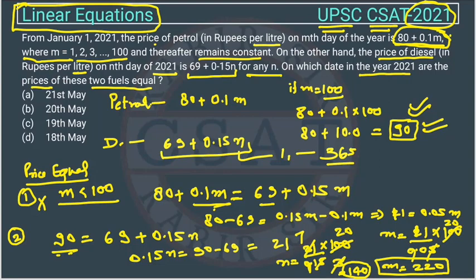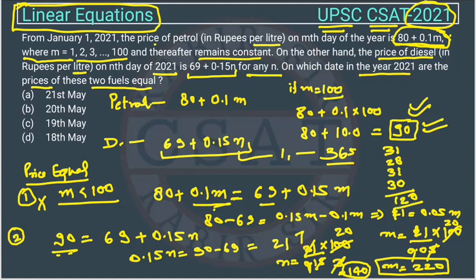So in January we have 31 days, in February we have 28 days, then in March 31, and in April we have 30 days, right? So the total of this will be 120.